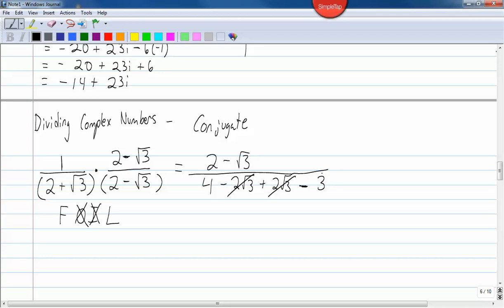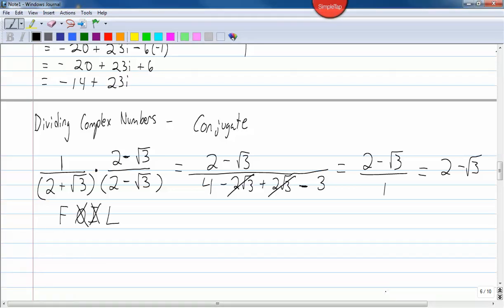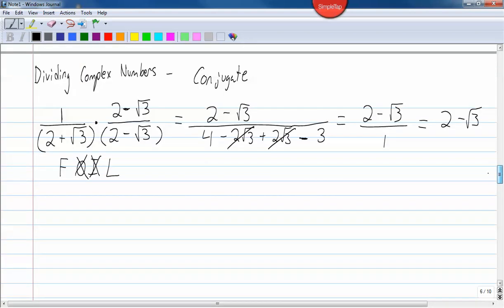Let's see what I have: 2 minus the square root of 3 over 1, which is 2 minus the square root of 3. This is what we would do if we were not working with complex numbers. We do the same thing with complex numbers.